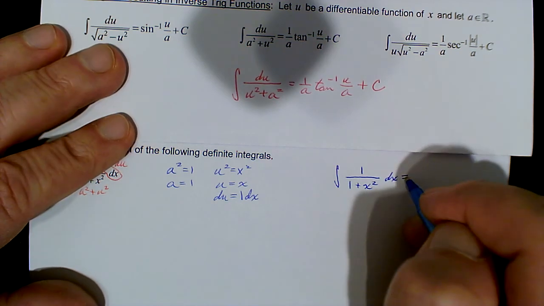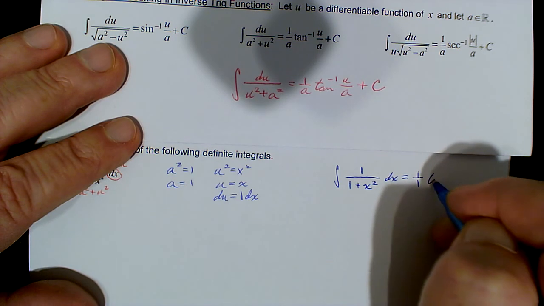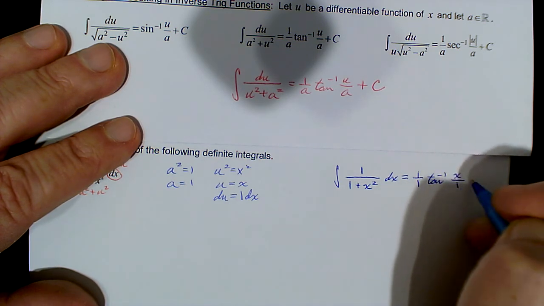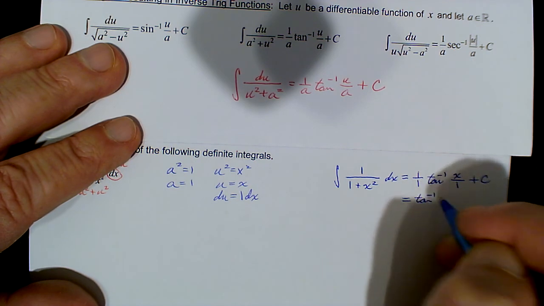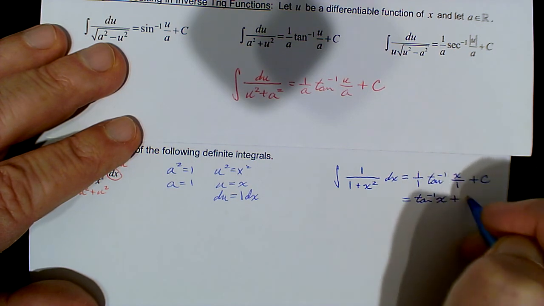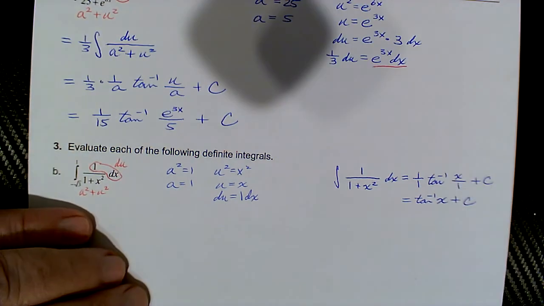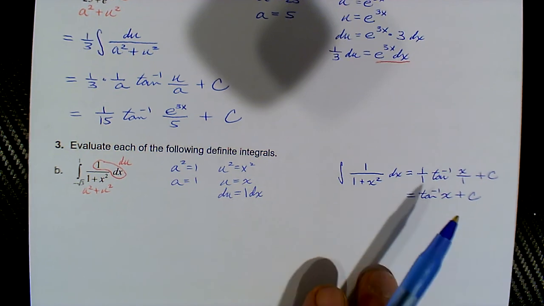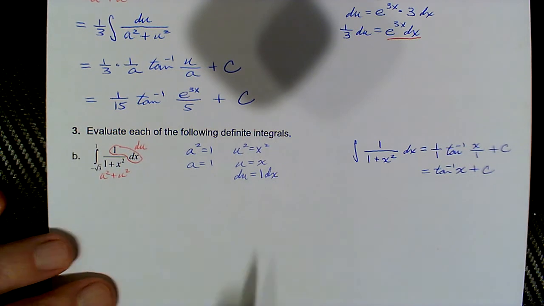And that would result in 1 over a, or 1 over 1, inverse tangent of x over 1. Or in other words, just the inverse tangent of x. So you can go through the formal u substitution if you need to, but this is actually a good integral to memorize, just the basic 1 over 1 plus x squared.